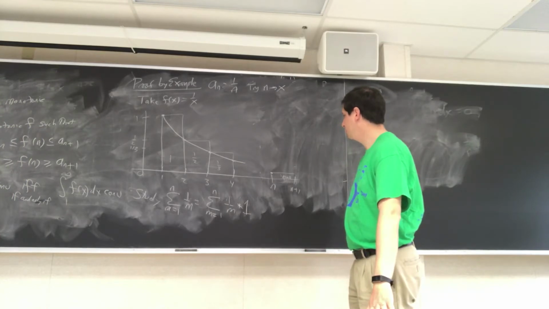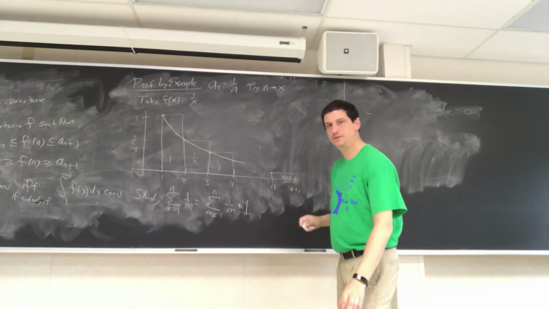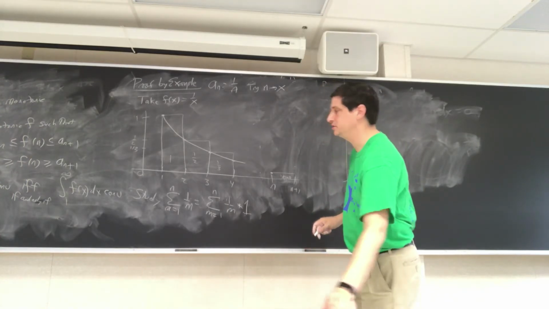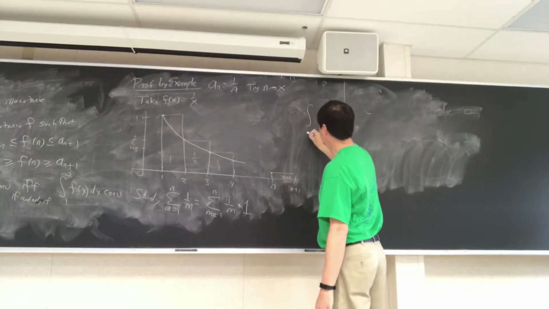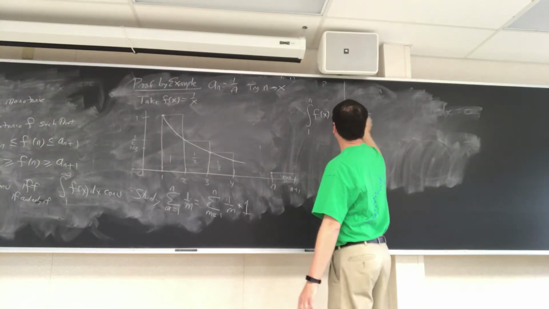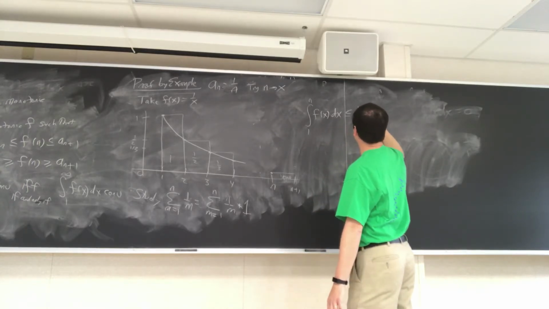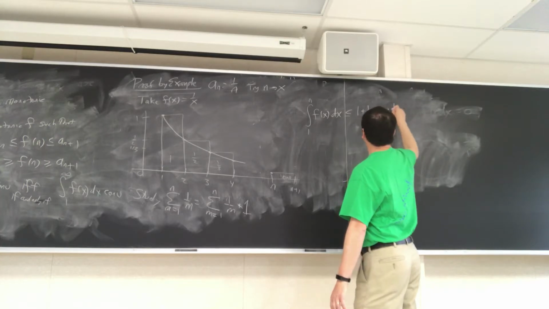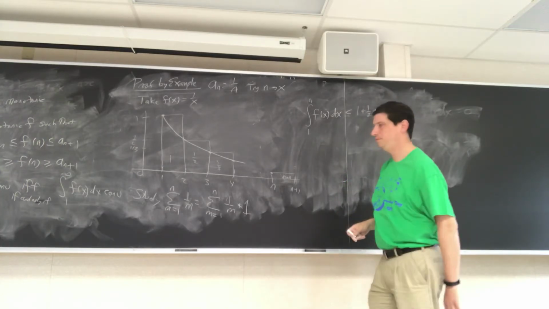And so what I would have, let's make sure this stays in focus. Oh, yes. So if I integrate from 1 to n of f of x dx, that will be less than or equal to 1 plus 1/2 plus all the way up to 1 over n.